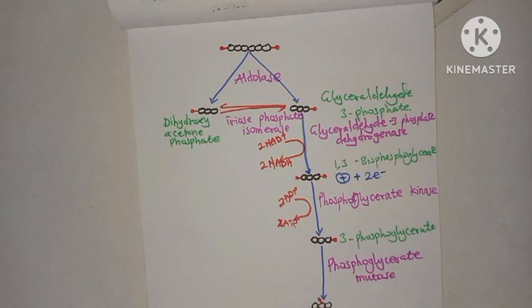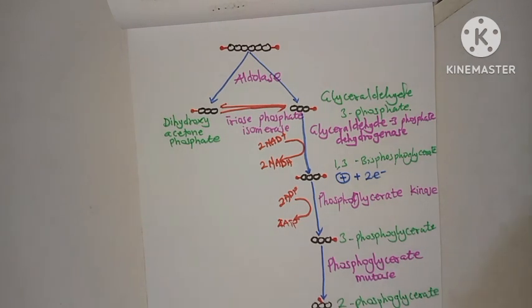This will move the phosphate group from the third carbon to the second carbon, and this will form a new molecule known as 2-phosphoglycerate.